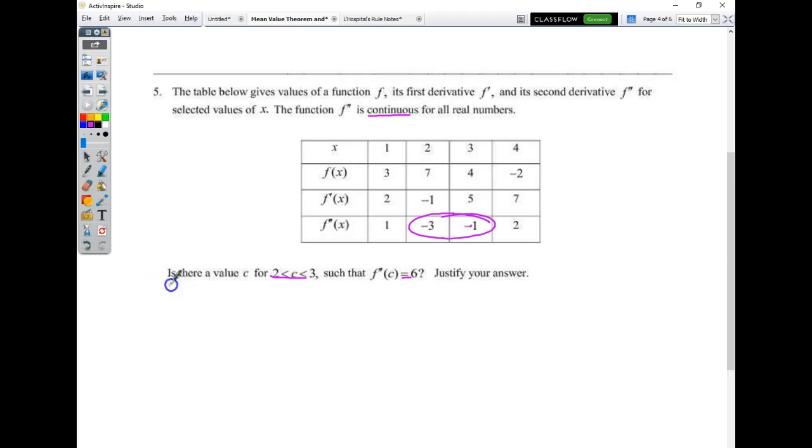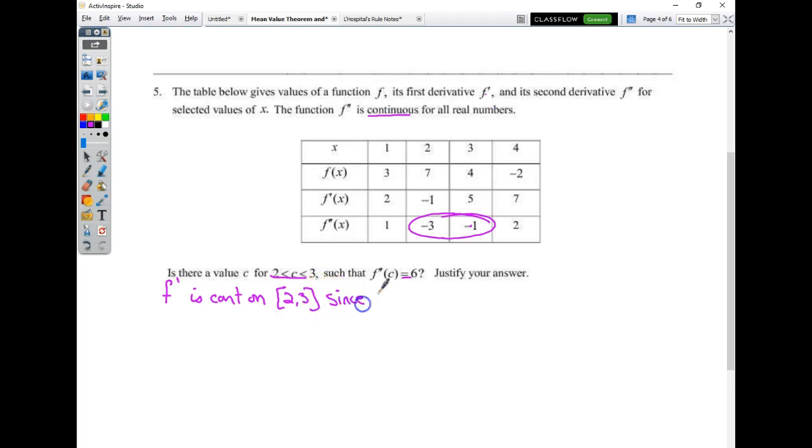But if I look at f prime of x, f prime is continuous on 2 to 3. Let's think about that. From 2 to 3, if f double prime is continuous, then f prime has to be differentiable, and if f prime is differentiable, then we can say that f prime is continuous.